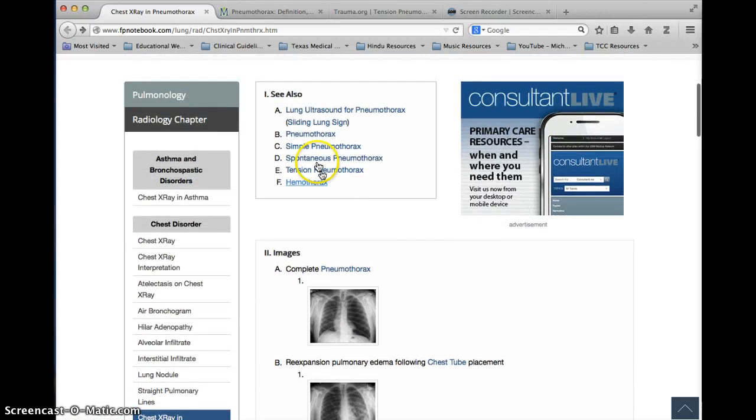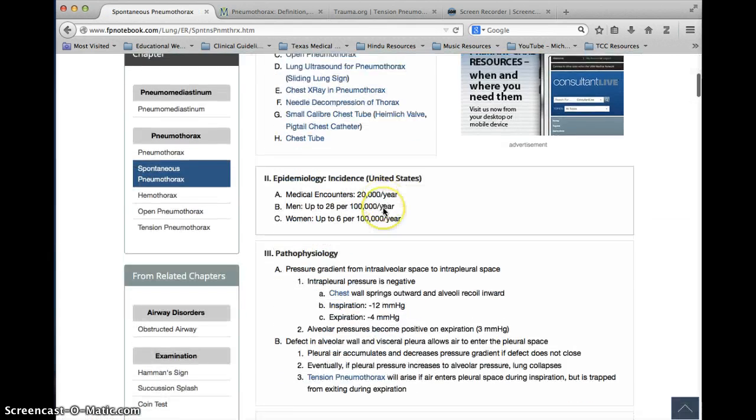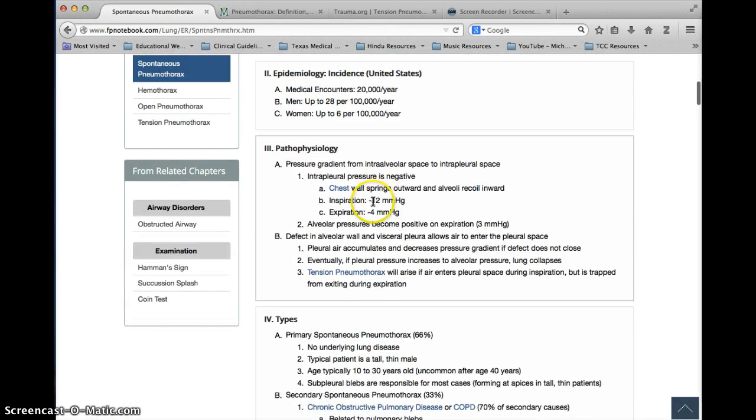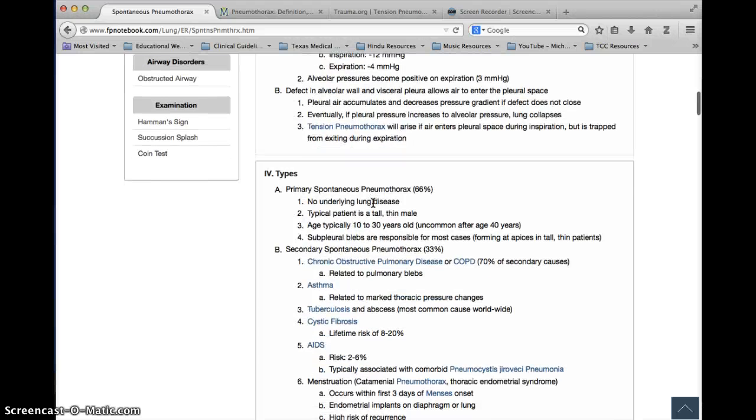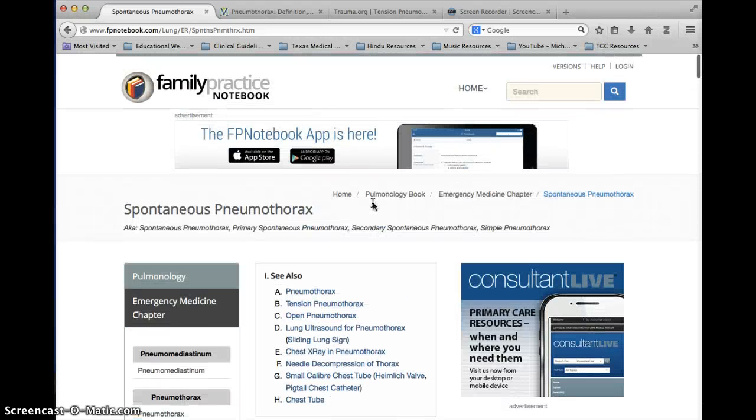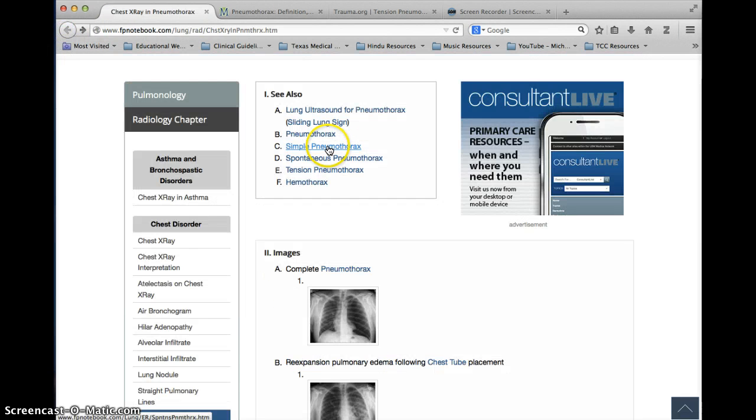If you scroll down to pneumothorax or simple pneumothorax, it gives you in detail the epidemiology, the physiology, pathophysiology, and the types. So this is a great resource for you, the Family Practice Notebook, in regards to the different types of pneumothoraxes that can occur: tension, spontaneous, and simple. So again, here's a great resource for you.